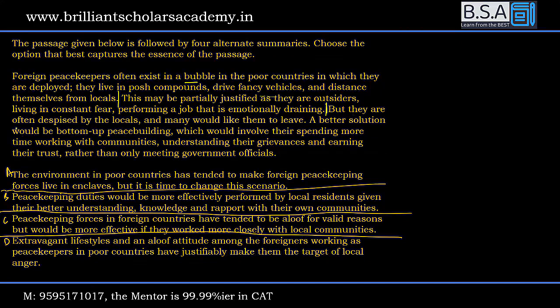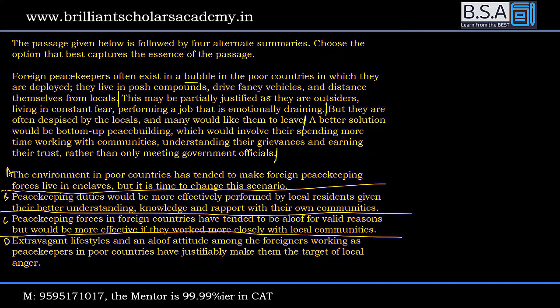But they are often despised by locals, and many would like them to leave. A better solution would be bottom-up peace building, which would involve spending more time working with communities, understanding their grievances, and earning their trust rather than only meeting with government officials.